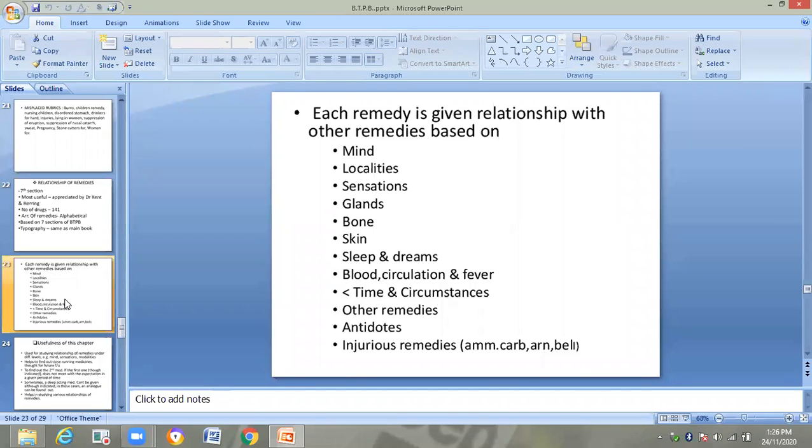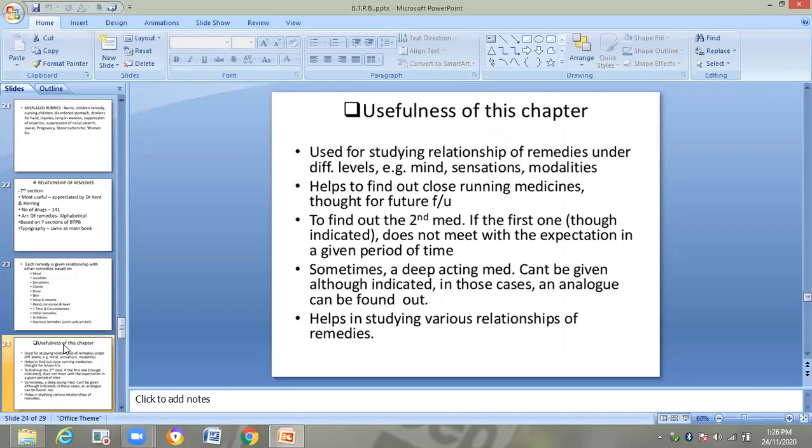So under this section, each remedy is given relationship with the other remedies based on these following factors. This chapter, relationship of remedies, is a very useful chapter.